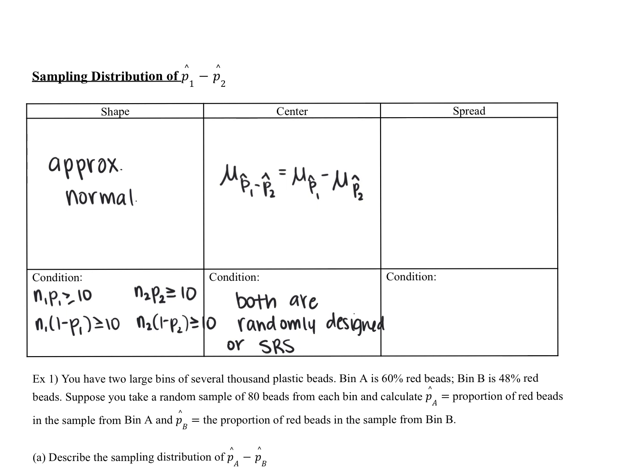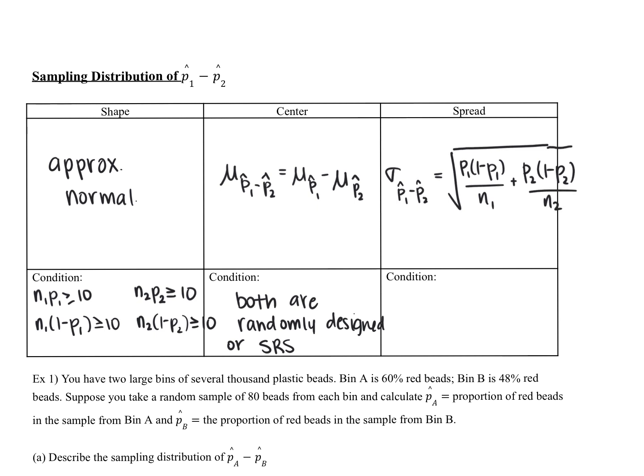And lastly, our spread, our standard deviation. Now this is going to be different from when we were looking at the combined distribution, so it's not as simple as that formula. What we actually have to do is, underneath the square root, we have P1 times 1 minus P1 over N1 plus P2 times 1 minus P2 over N2.